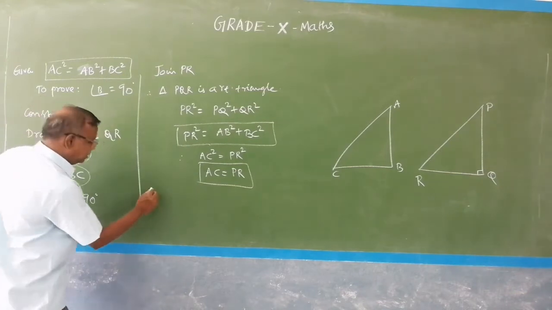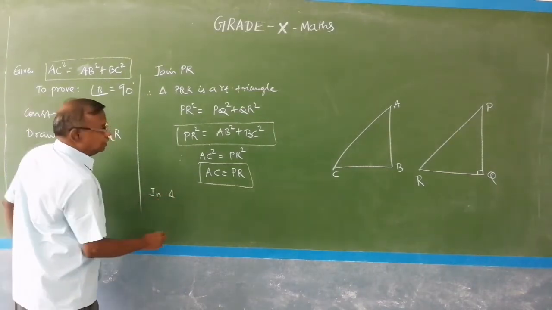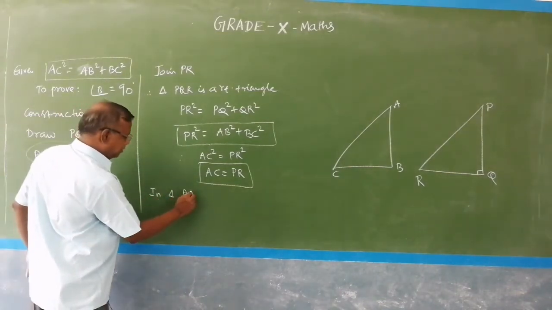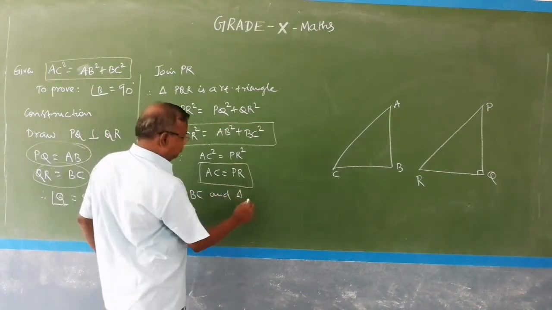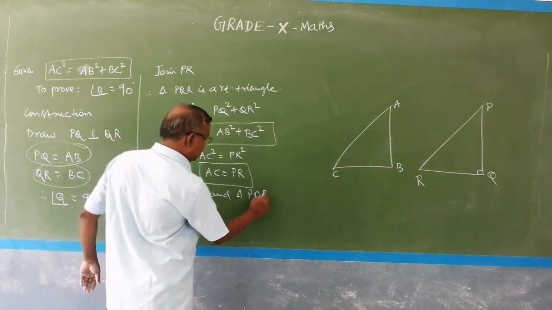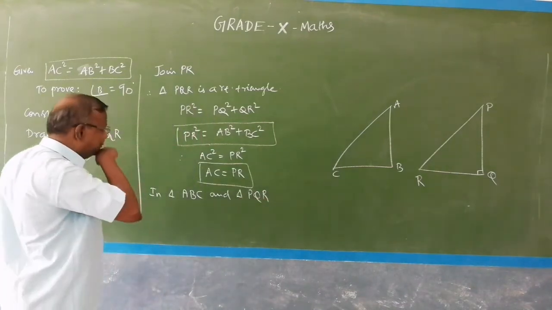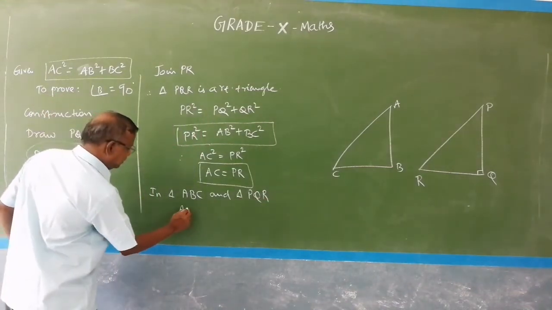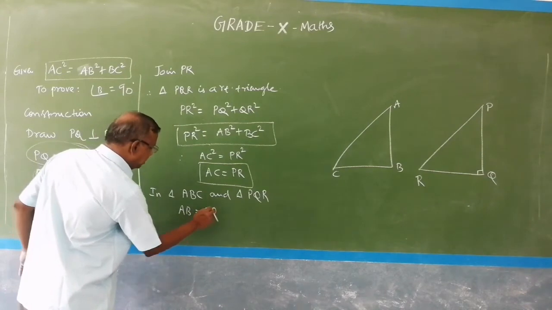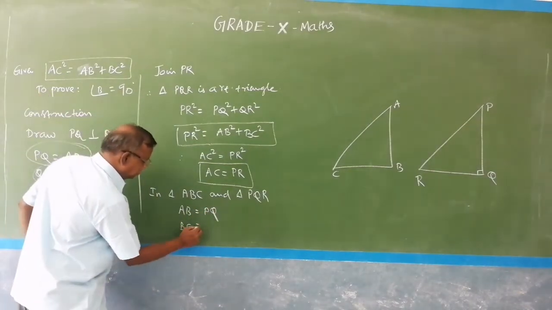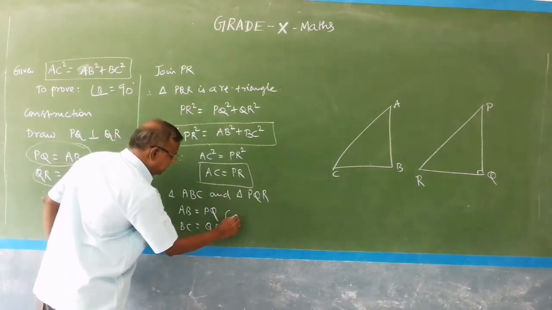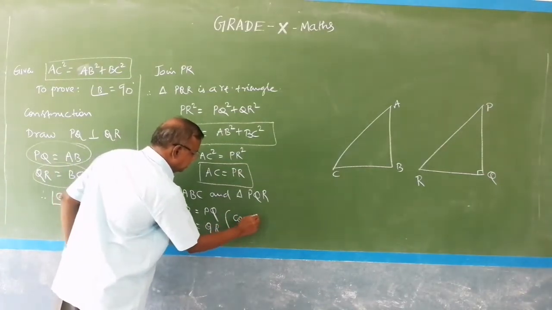Now, in triangles ABC and PQR, side AB equals PQ and BC equals QR, both by construction.